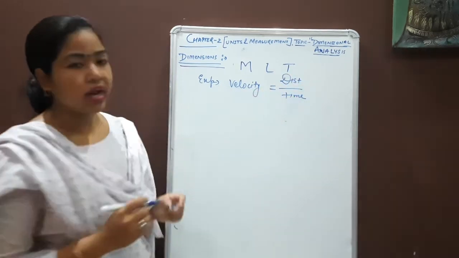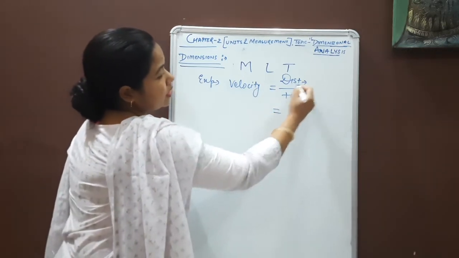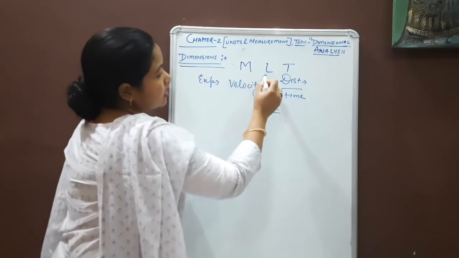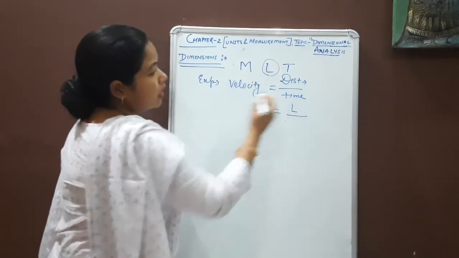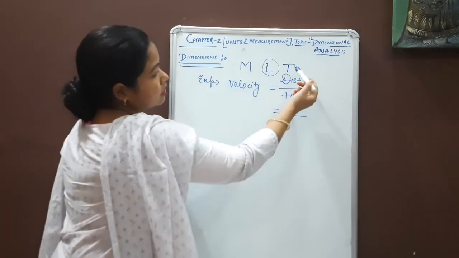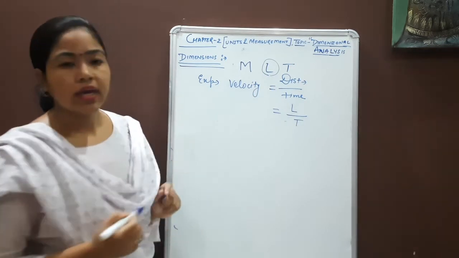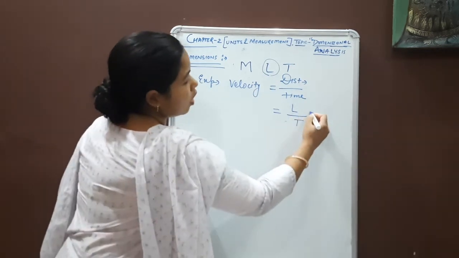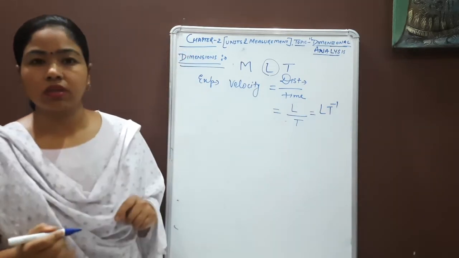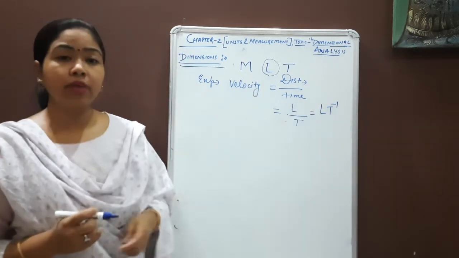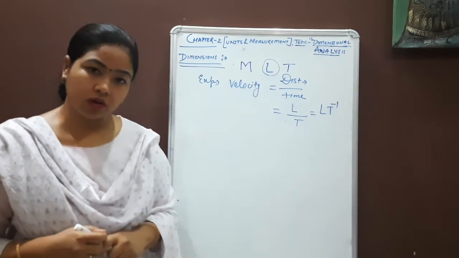When we write the dimensional formula for velocity, distance is a type of length, so it is symbolized by L. Time is represented in dimensions by capital T. So we can write this quantity as LT^-1. That means LT^-1 is the dimension of velocity.